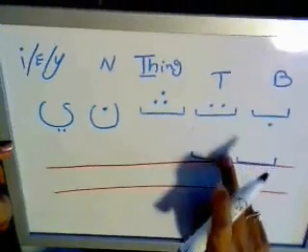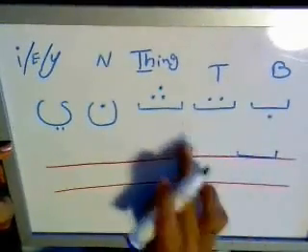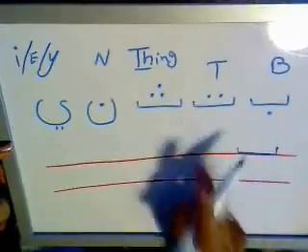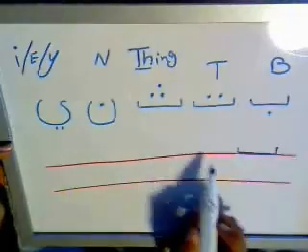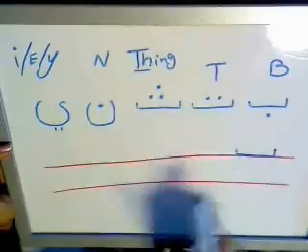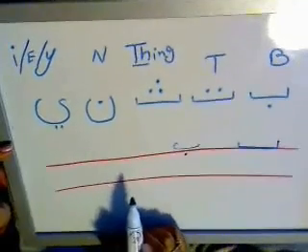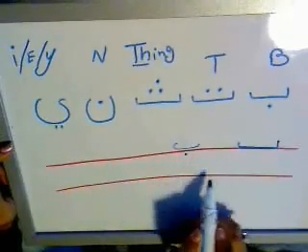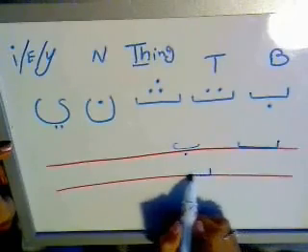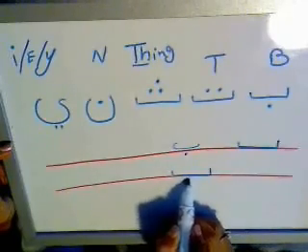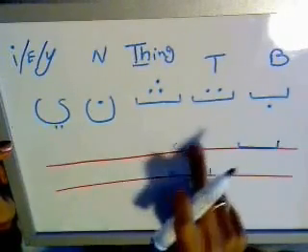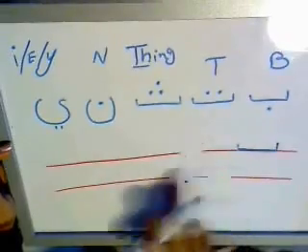So make sure you go with the line. These tips help you improve. When we are more advanced, we can write a ba like this. But now, as beginners, I advise you to write them with the line. Okay, so this is the ba.